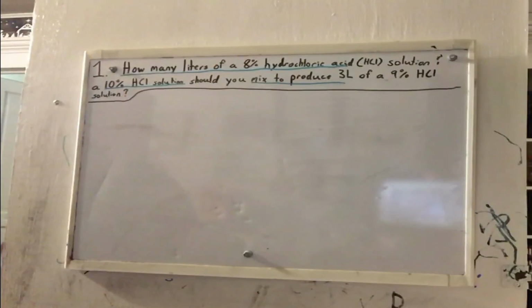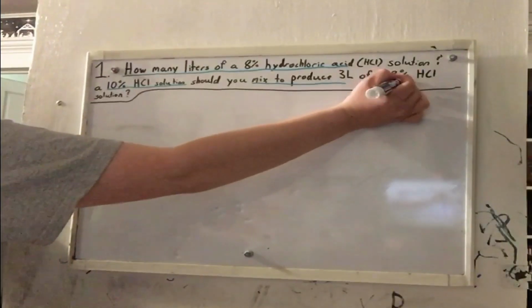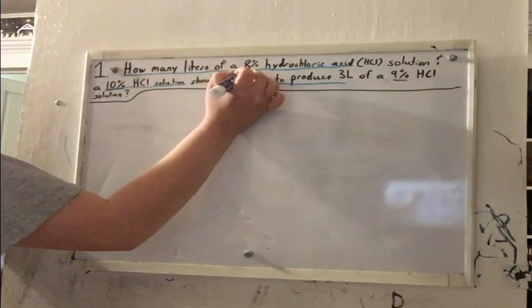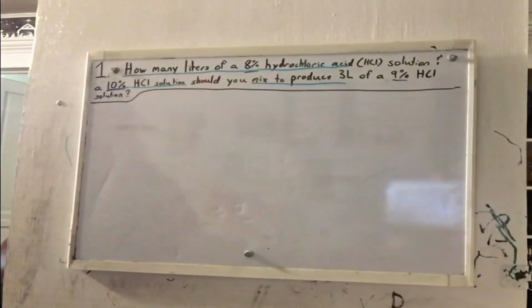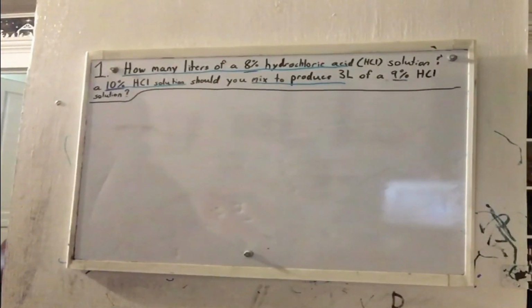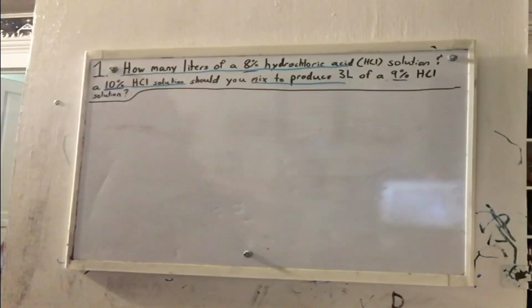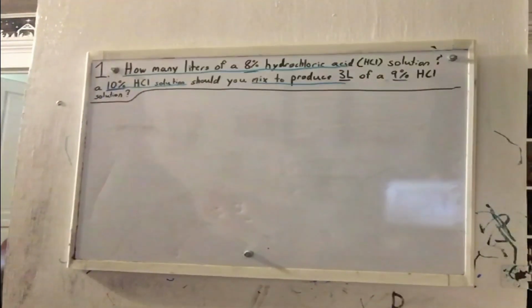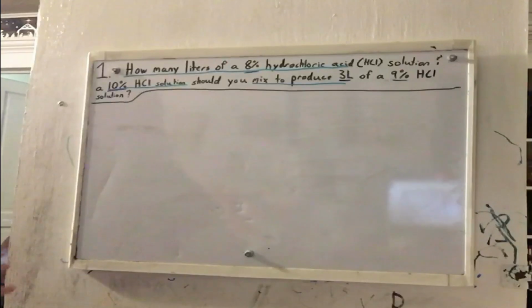We have 9%, 10%, and 8%. We also have an amount in this problem, and that amount is 3 liters. That is what we're ultimately going to end up with when we mix everything together.